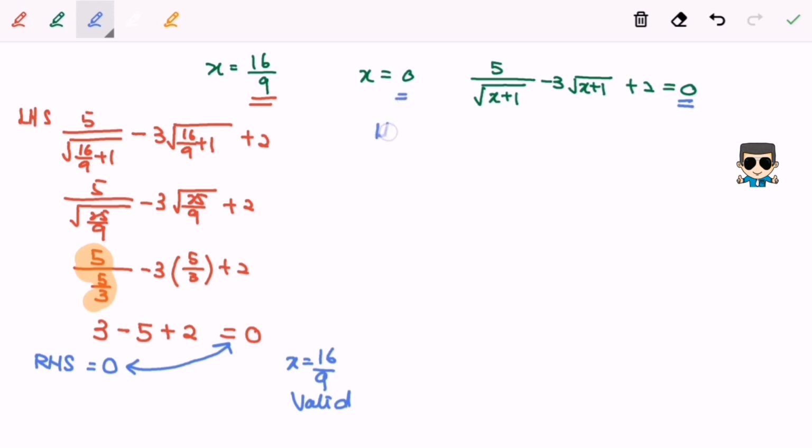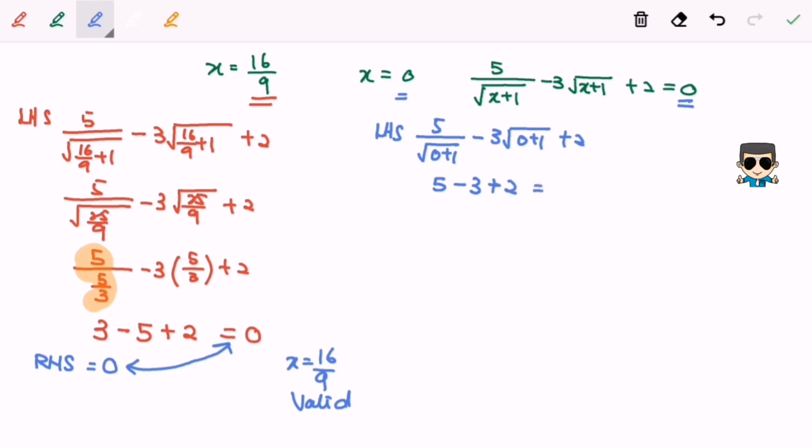Next, we are going to test the value when x equals 0. For the left hand side, 5 over the square root of 0 plus 1 minus 3 times the square root of 0 plus 1 plus 2. So we will have 5 over 1, which is equal to 5, minus 3 plus 2.